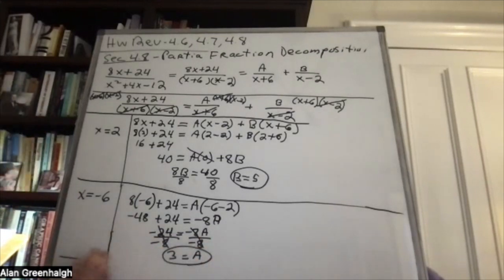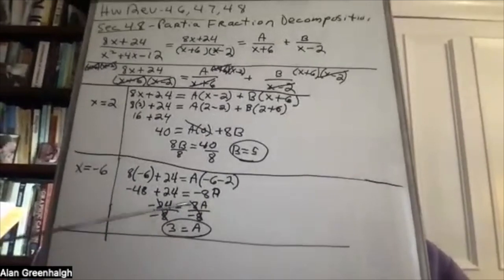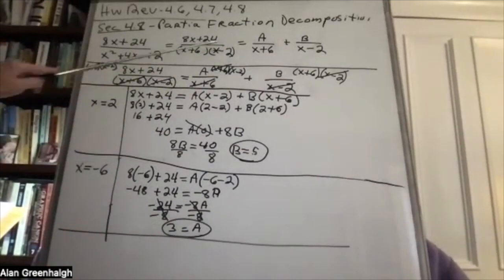All right. That's pretty much what we're trying to do here, is find out what a and b are equal to. And now we go back to this. Now we could put this in the answer.